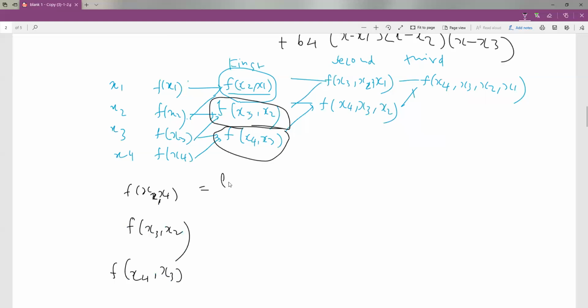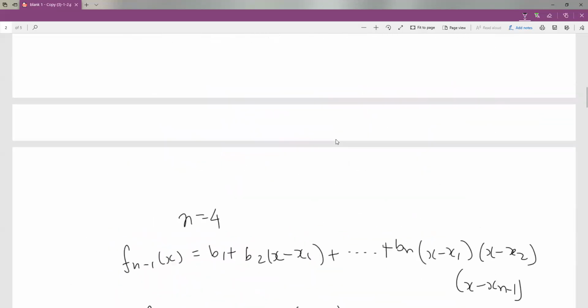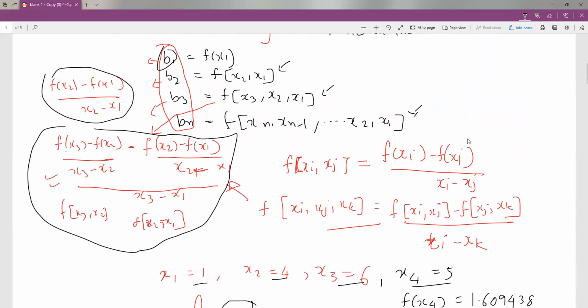So this is written ln 4 minus ln 1 over 4 minus 1 because of x2 and x1. The values are given: x1 equal to 1, x2 equal to 4, x3 is equal to 6, x4 is equal to 5. So we will be using this formula. The formula which we have written, we have used the general formula.